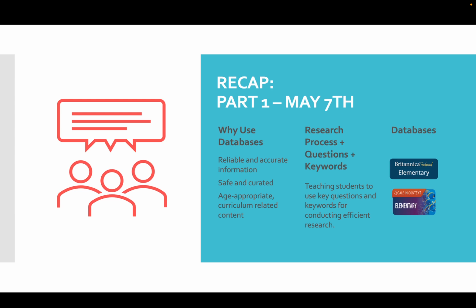We also went over a bit of the basic research process for grades 3 and 5 and using the three key question approach as well as using the keyword search process. We also went over and did a demo of two databases, Britannica School Elementary and Gale in Context Elementary.